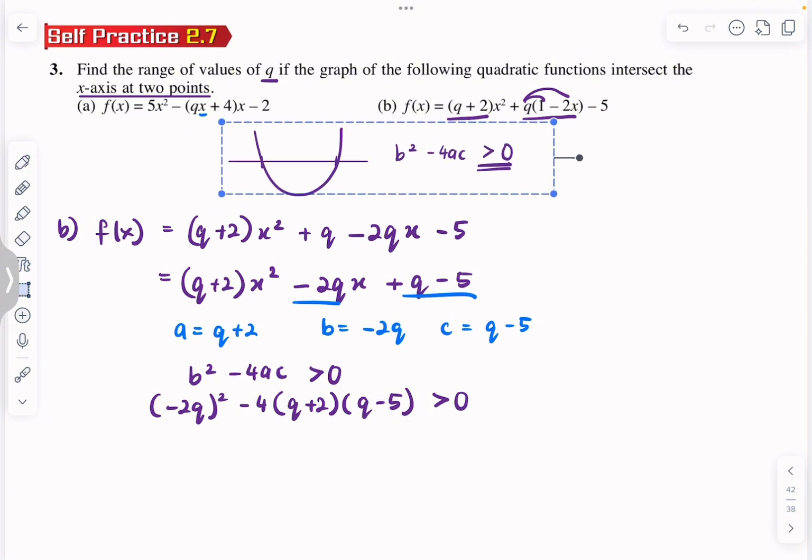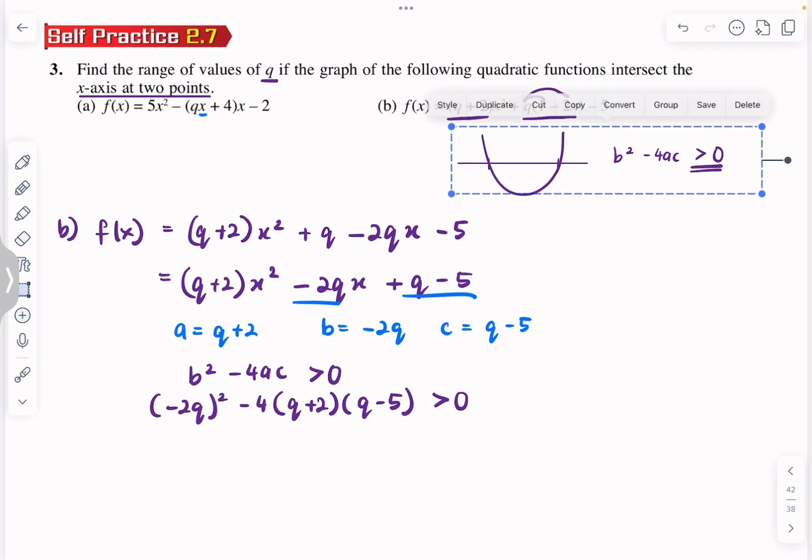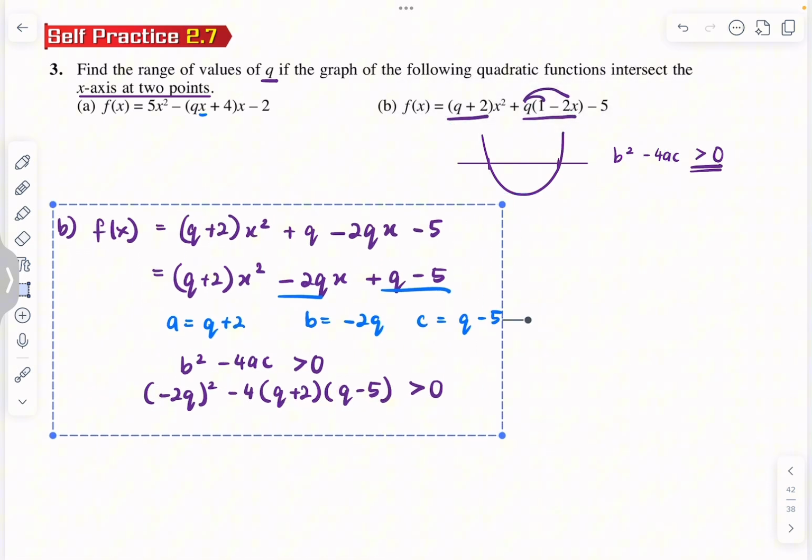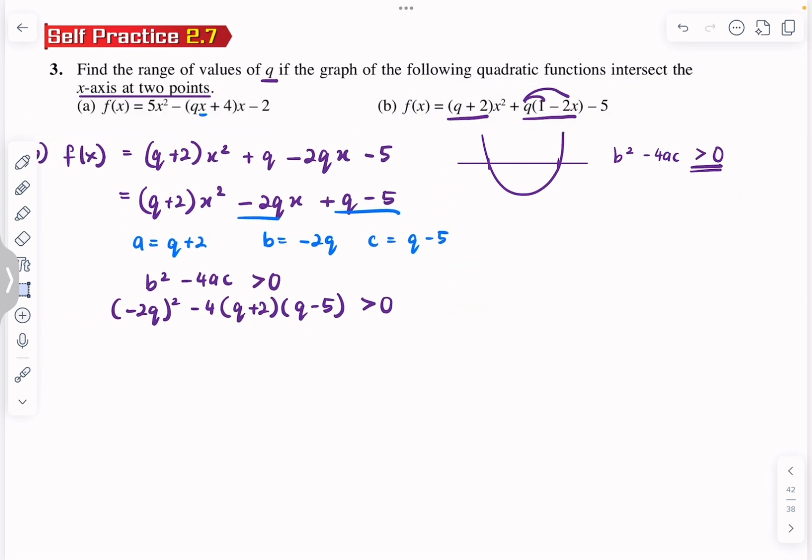Let's get some more space. I move this all here. Okay. So here we expand: 4q squared minus 4 times q plus 2, I leave the negative out. So I'm just multiplying the 4 inside.